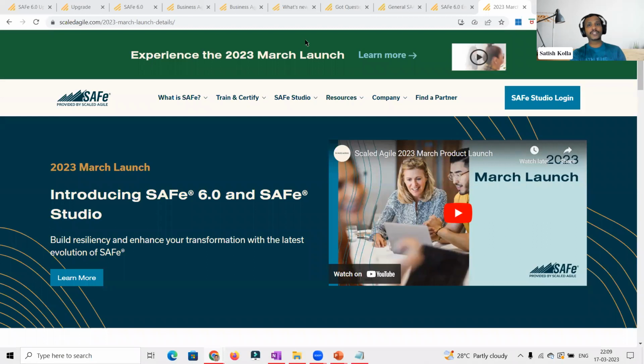Some of the institutes have started publishing the version 6 course. So if you are opting for that, you can see if you can directly opt for the version 6 course instead of version 5. But otherwise, yes, you still have the option to go for the version 5 course and then go ahead to the version 6 upgrade.